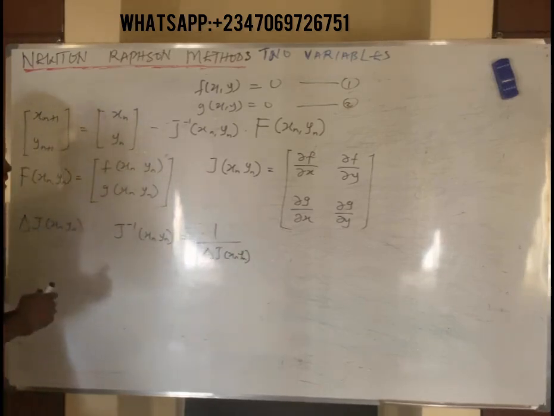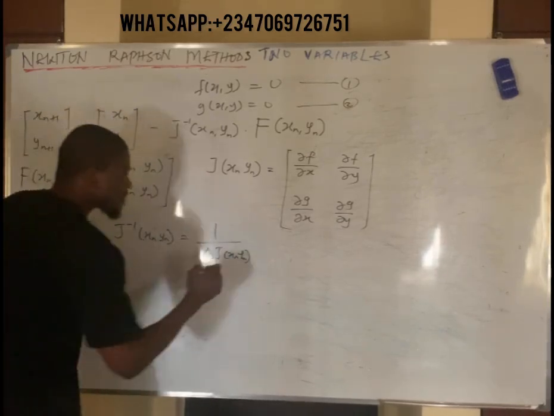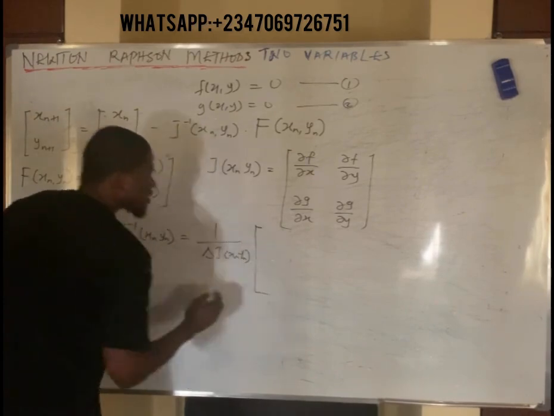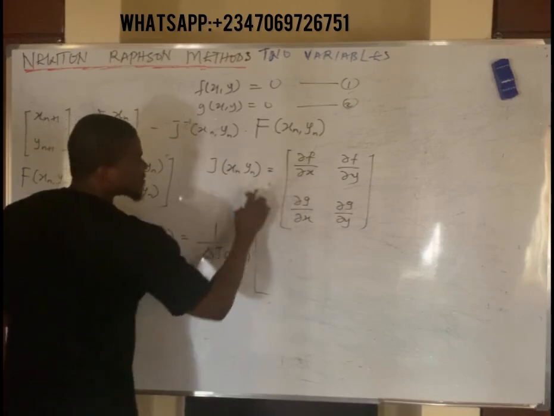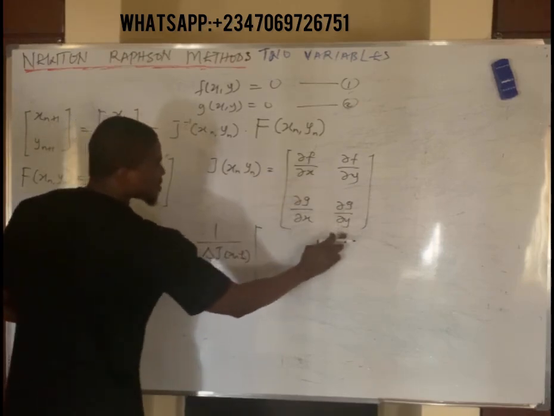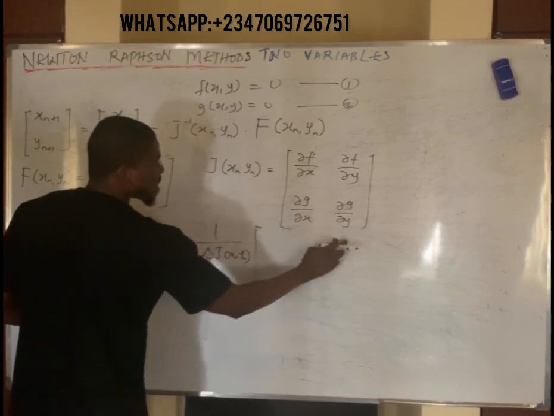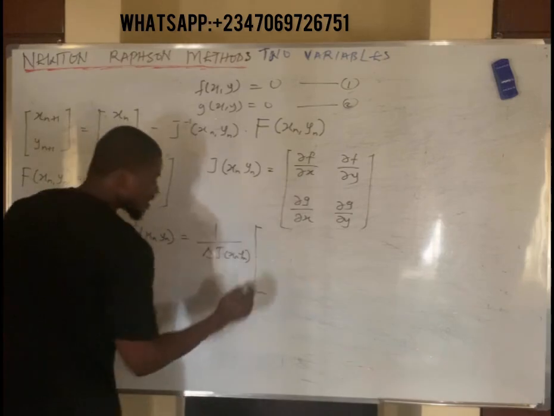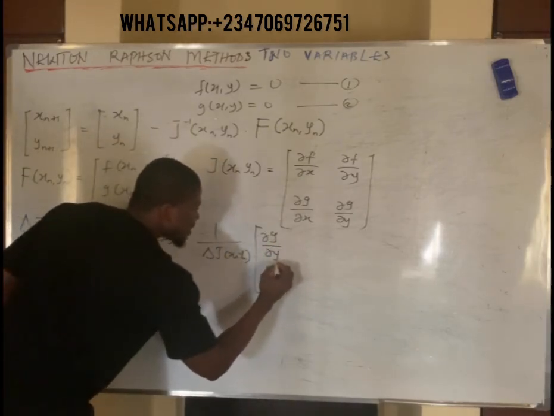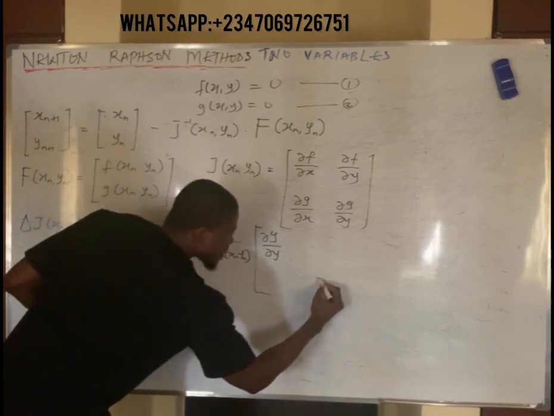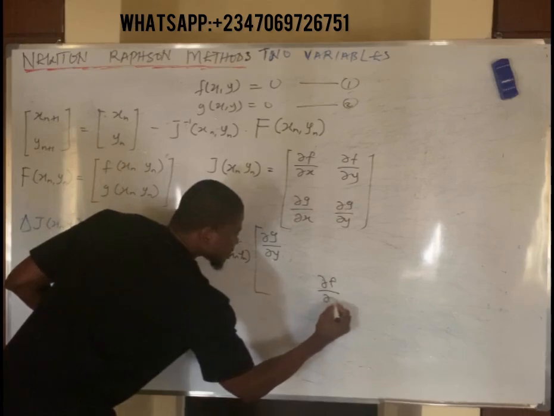You find the inverse of the determinant, then you multiply it by the matrix obtained by swapping the main diagonal entries. So partial f partial x takes the place of partial g partial y, meanwhile partial g partial y takes the place of partial f partial x. So this simply becomes partial g over partial y, then you have here partial f over partial x.